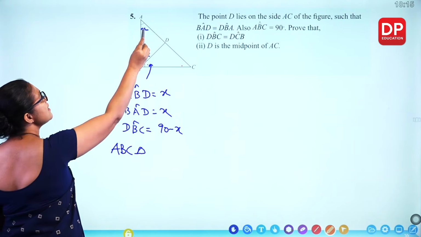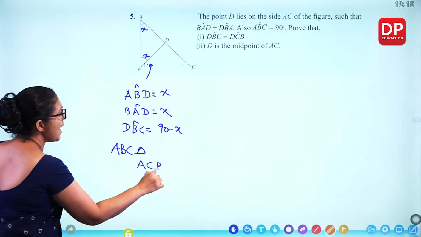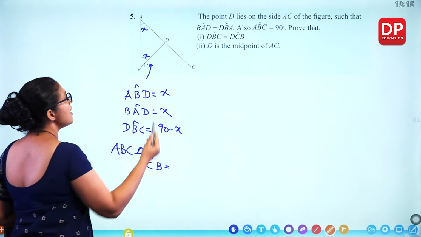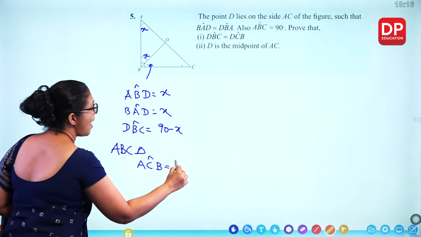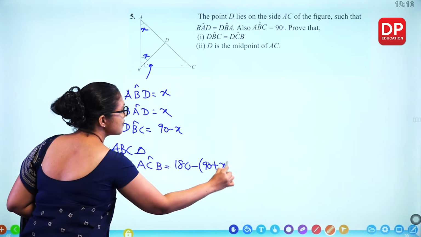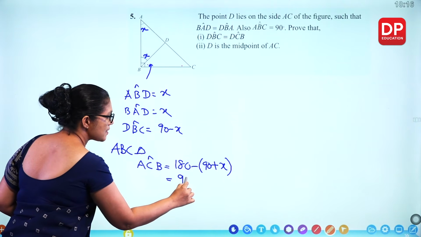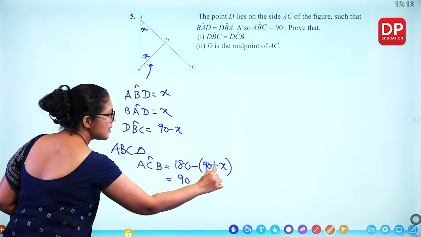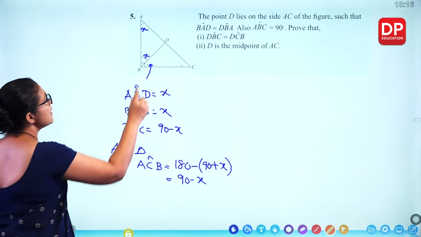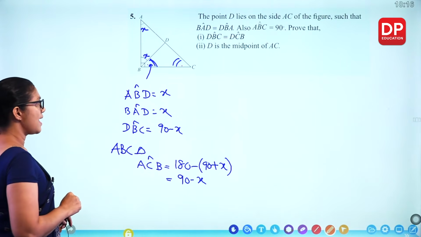Then if you take the full triangle ABC, what can you say about this angle? We know this is 90, this is x. So what is ACB angle? This angle is 180 minus (90 plus x). When you do the calculations, 180 minus 90 becomes 90 and you get minus x. So can you see, this angle is same as this angle.